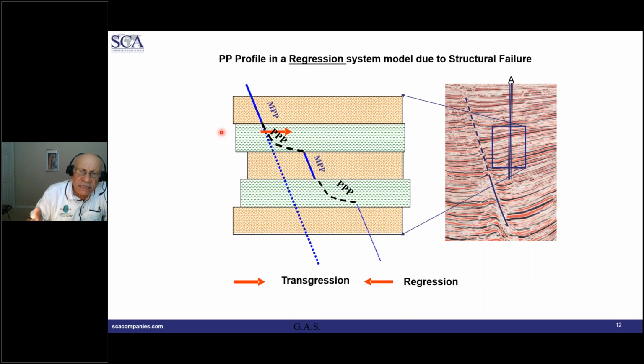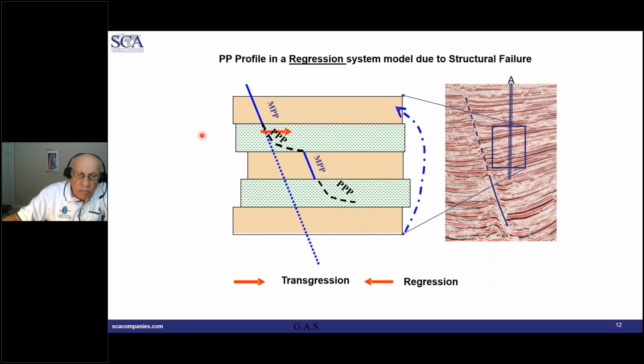Despite all the geophysical indications, the AVO and everything justifying the presence of hydrocarbon, it was dry because of the compartmentalization, because the compartment was breached. And the justification was just breached compartments. And nobody looked at why it's breached.